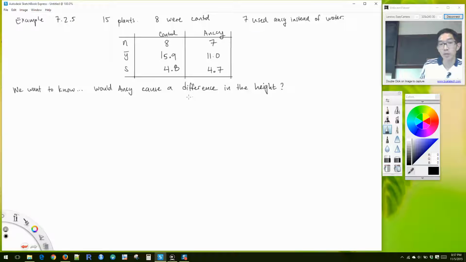Notice we are not asking would ANSI cause them to be shorter, and we're not asking would ANSI cause them to be taller. We're just asking would ANSI cause a difference.